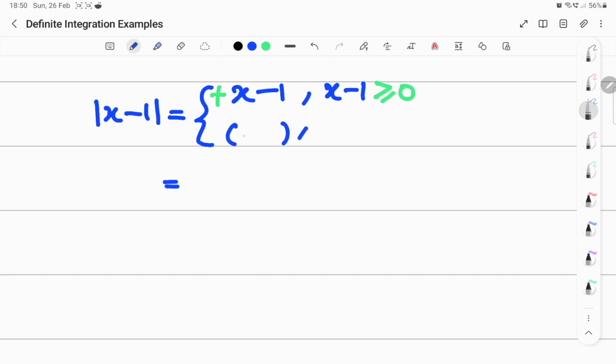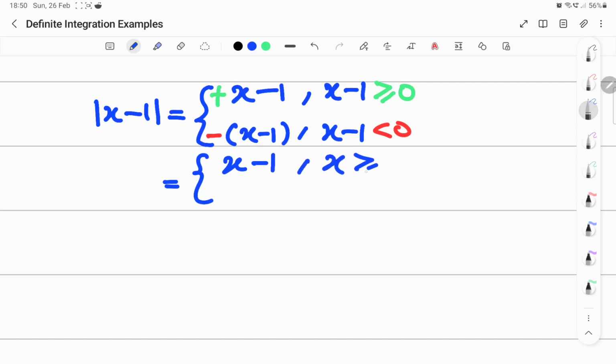The second one will be negative, when x minus 1 is less than 0. Then we have to simplify them. The first one is just x minus 1, for x greater or equal to 1. And then the next one, minus x plus 1, for x less than 1.